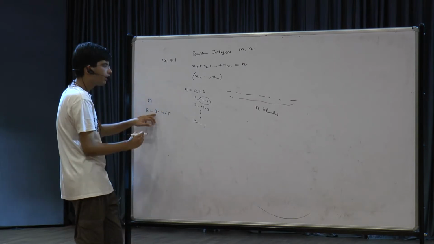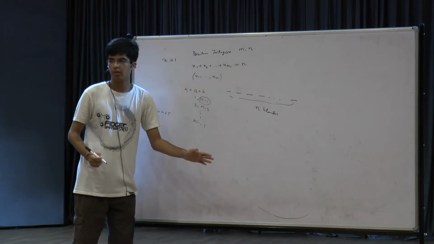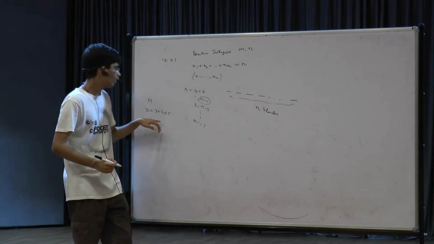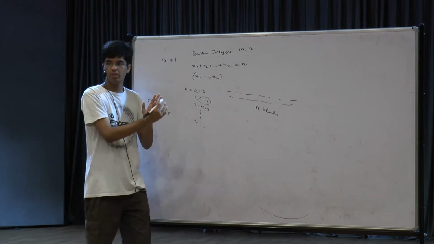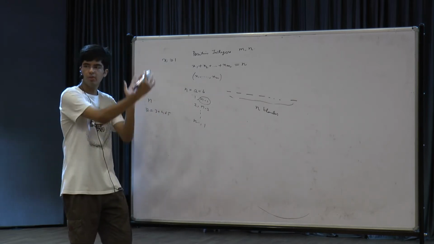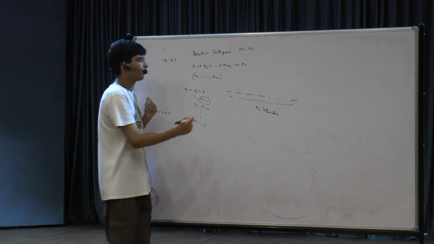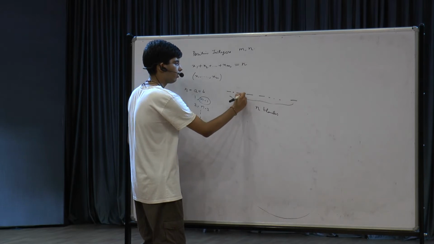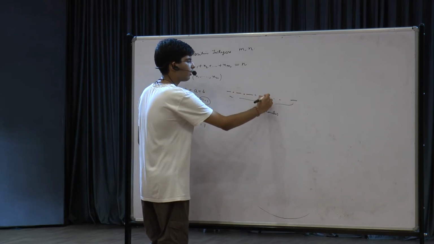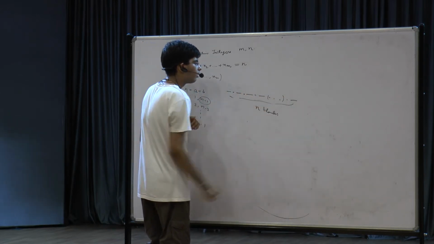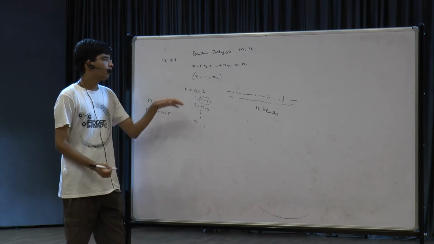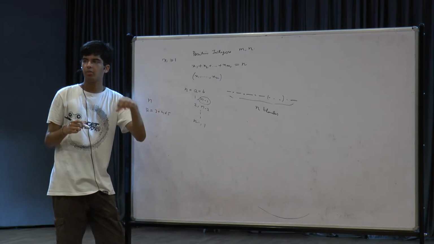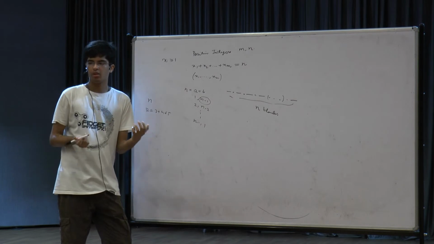What 3 here does is grab the first 3 blanks. What 4 does is grab the next 4 blanks. What 5 does is grab the next 5 blanks. So the idea is this. Between these blanks, we insert dots. These are just for notation. So since there are n blanks and we are inserting dots between them, there will be n minus 1 dots.